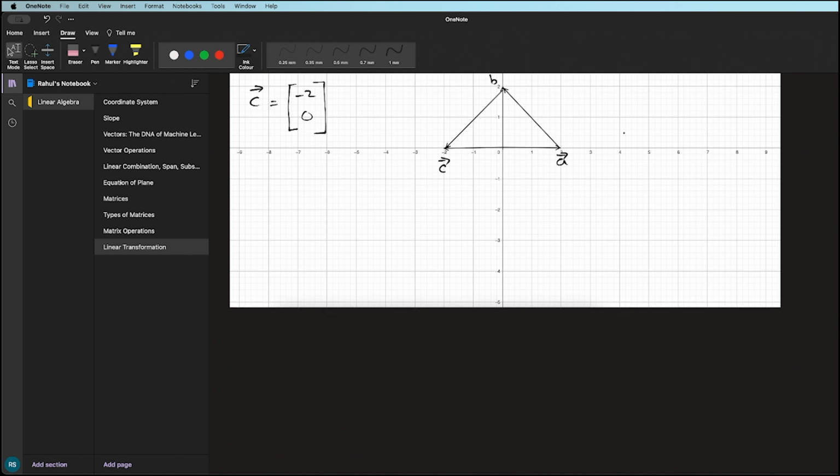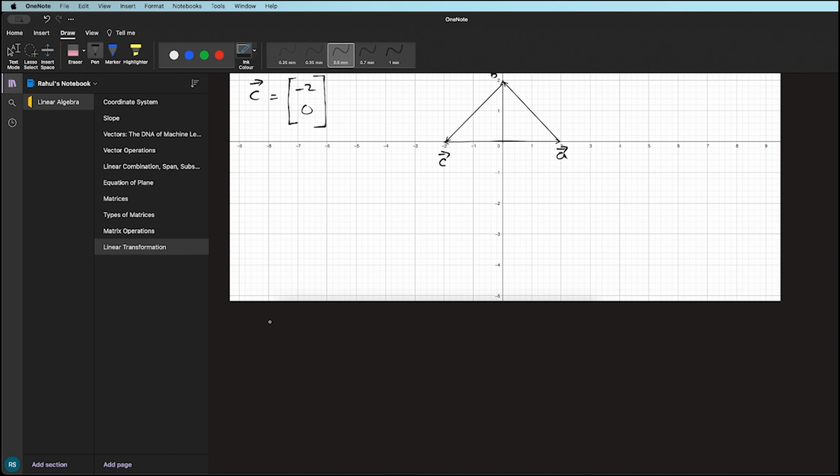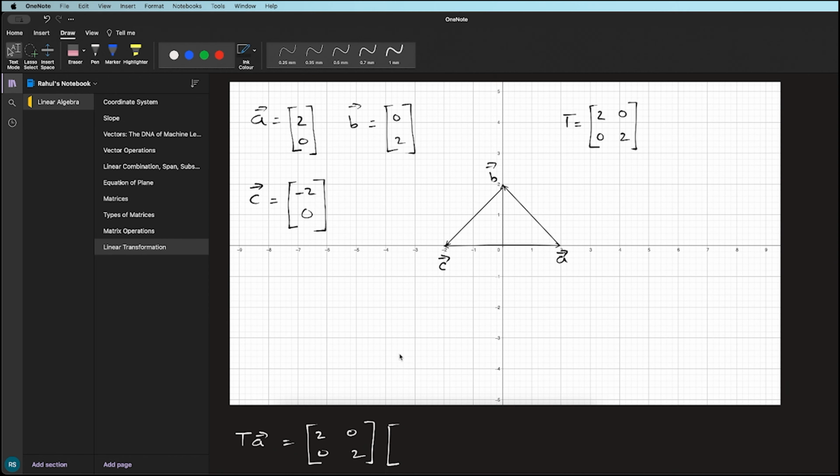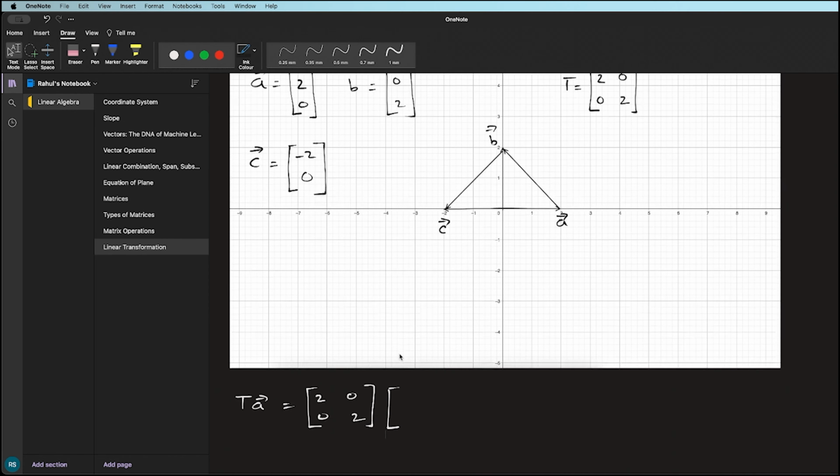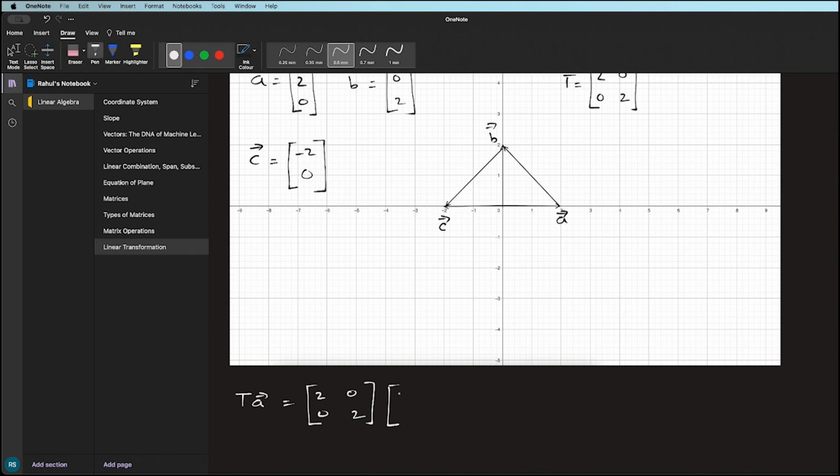So I can write this transformation as follows. I will first do it with the vector A, that is T of A. Here T is the transformation matrix. So the transformation matrix is 2, 0, 0, 2, and the vector A is denoted by 2, 0.